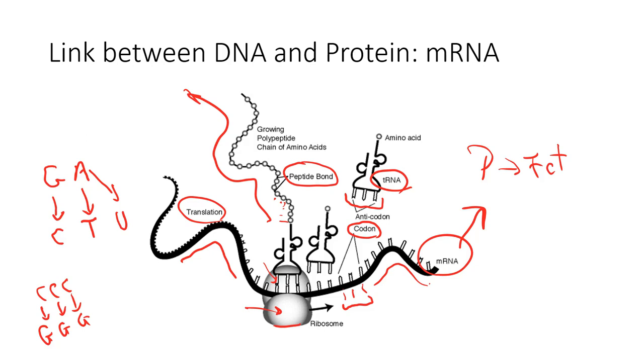So this tRNA fits in a groove inside the ribosome here and its anticodon interacts with the RNA right there. So we see this right here. There's an interaction right there that happens between the anticodon of the tRNA and the codon found on the mRNA.